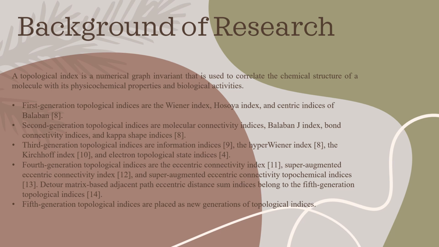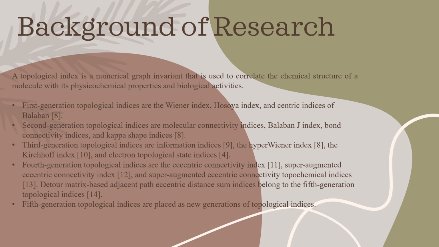First generation topological indices are integer numbers obtained by simple operations such as the Wiener index, Hosoya index, and centric indices of Balaban. For the second generation, topological indices are real numbers based on integer graph properties such as molecular connectivity indices, Balaban J index, bond connectivity indices, and kappa shape indices.